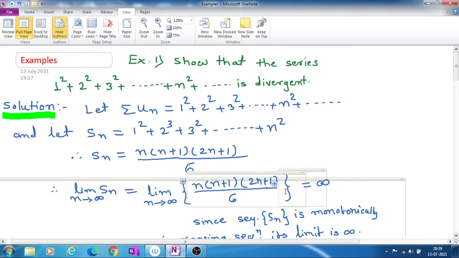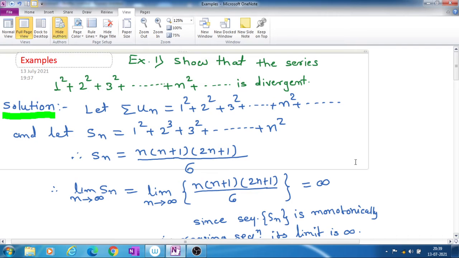Now in the last lecture we have seen the definition of series and how we can say whether the series is convergent or divergent, and it depends upon the convergence and divergence of the sequence Sn, that is, the sequence of partial sums.